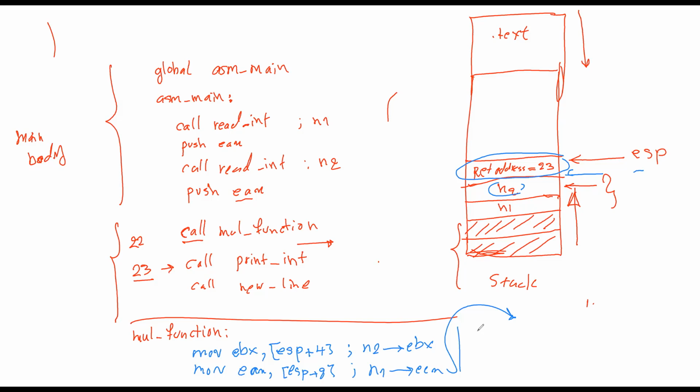Therefore, we use IMUL EBX, and this is going to automatically multiply EBX with EAX and put the result back into the register. So once you do this, right?